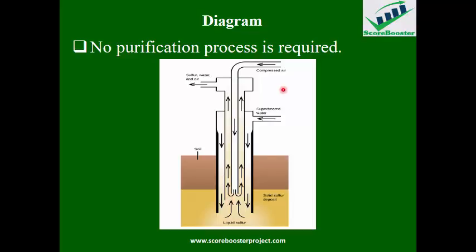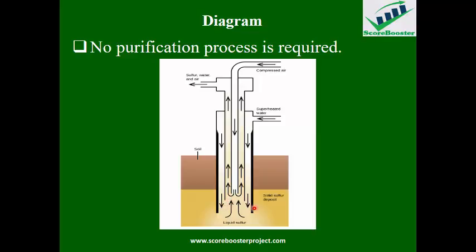Now this is compressed air that is going to pass from this inner tube. So when the air now meets this melted sulfur here, because the density reduces when something is heated, the sulfur that is heated, the density will reduce, then it goes up.